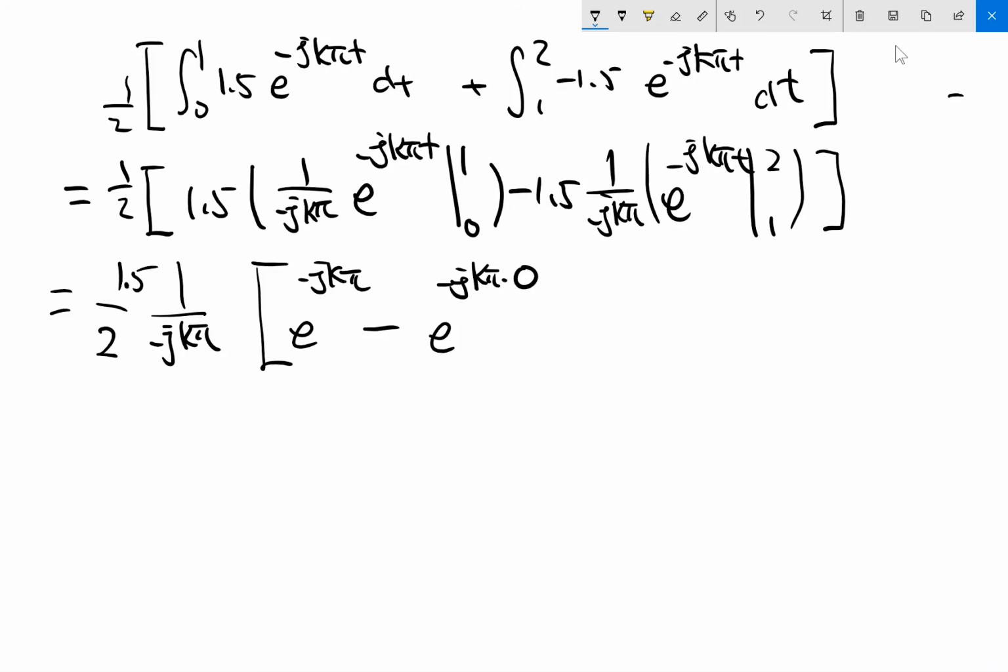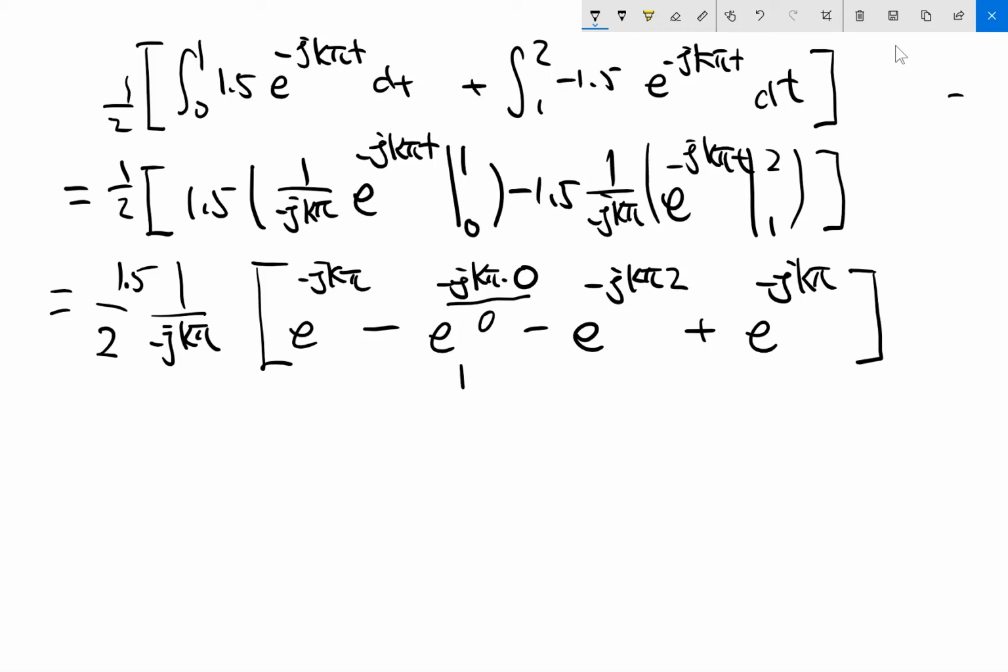And here is minus, because there is a minus sign here. We have e to the power of minus j k pi, t is 2, and minus, because here is minus 1, so we have plus e to the power of minus j k pi times 1.